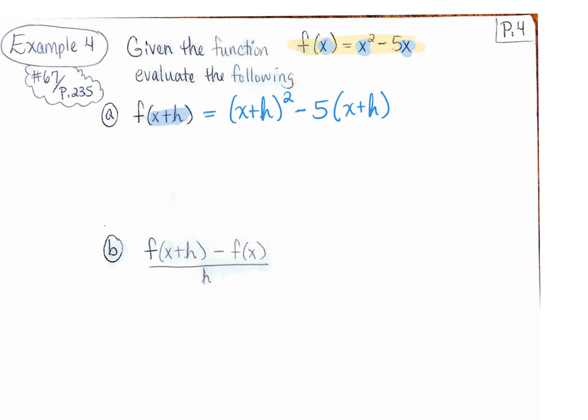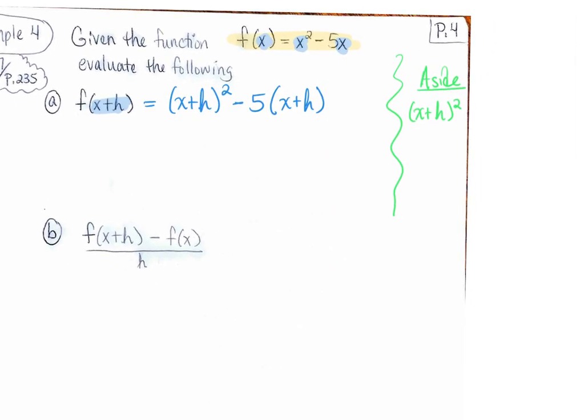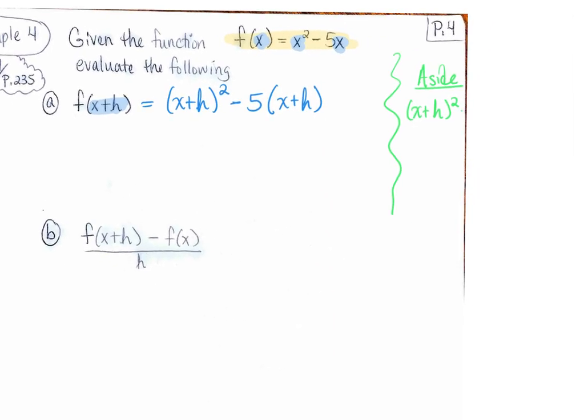Now, x plus h quantity squared, to find that you have to use what method? Distribution, or what method? If I ask you to find x plus h quantity squared, how do you find that? FOIL. Good. So that would be equal to the quantity x plus h times the quantity x plus h. So then you use your FOIL method.